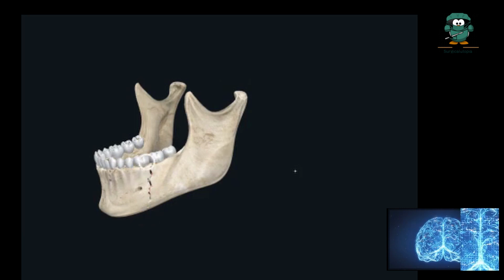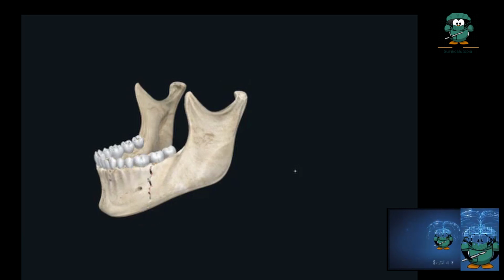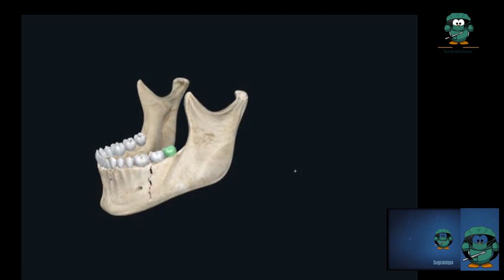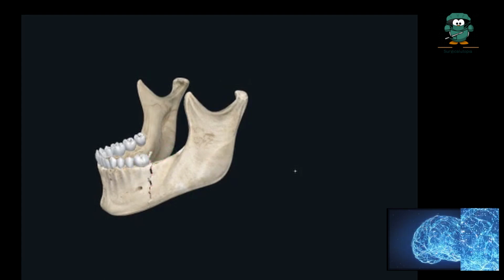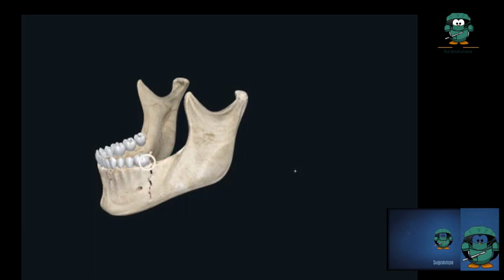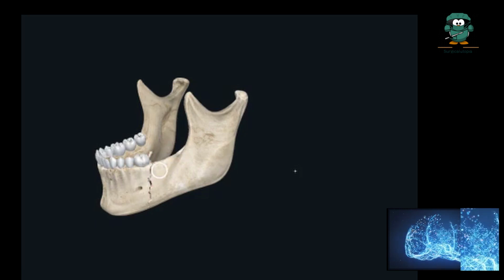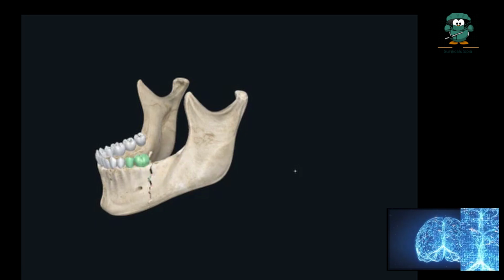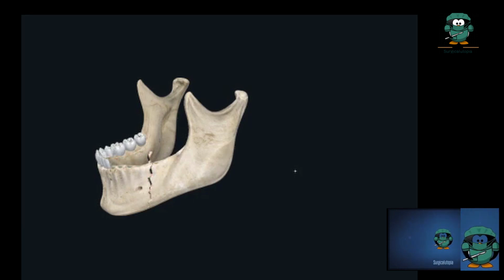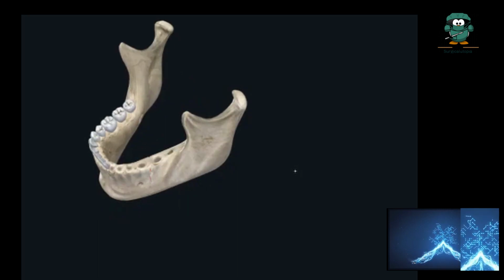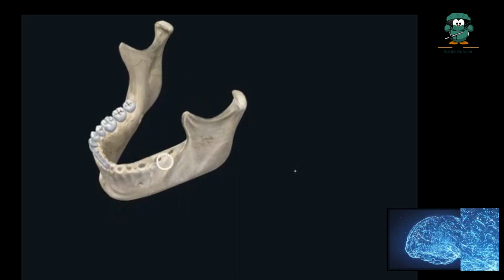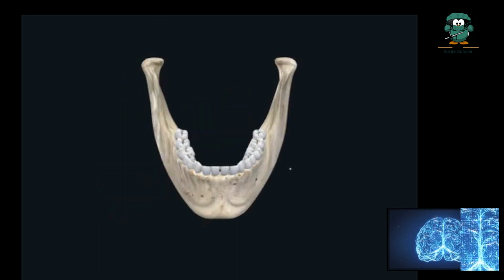In class 2, on one side teeth will not be present. So this is the fracture line and teeth are present on one side and there is an edentulous region on the other side. In class 3 fracture, teeth will be absent on both sides of the fracture line. This is class 3 of the Kazanjian and Converse classification.